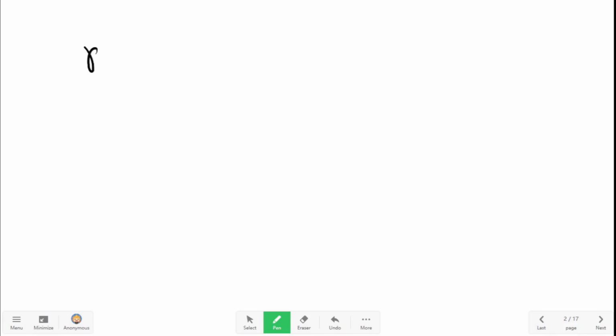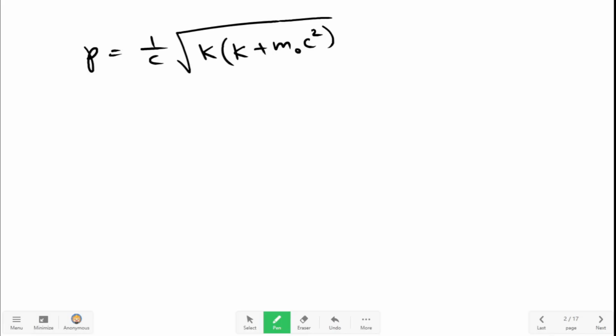Now, momentum is equal to 1 by c under root K times K plus m0 c square. Here K is kinetic energy, m0 is rest mass. I hope you are already familiar with this equation of momentum.